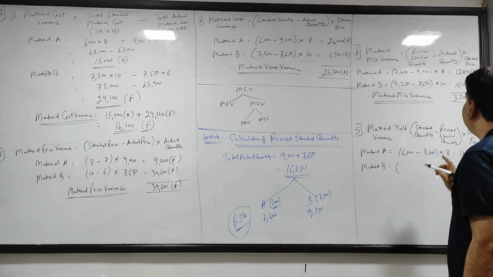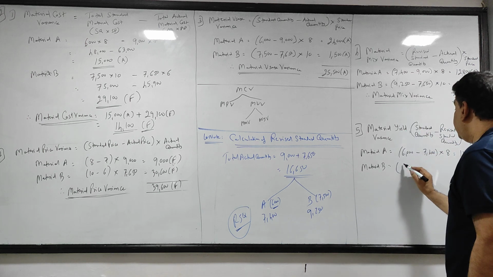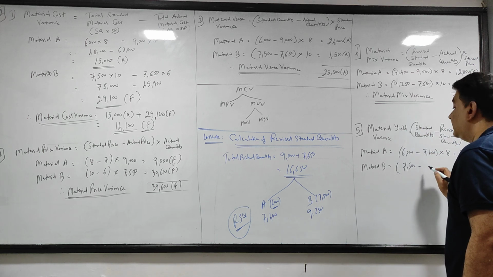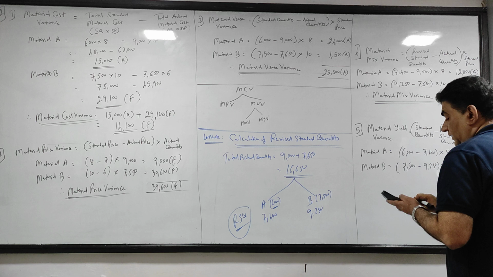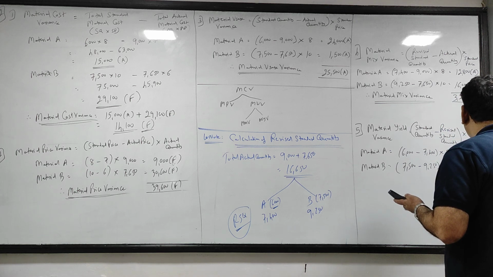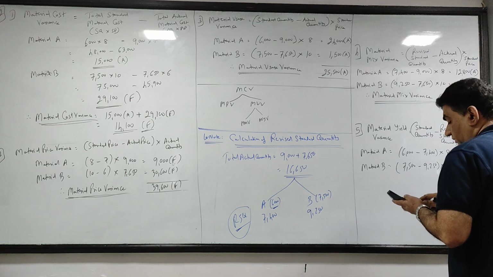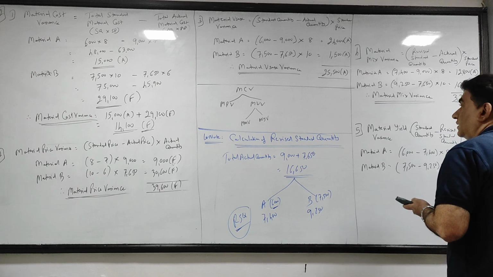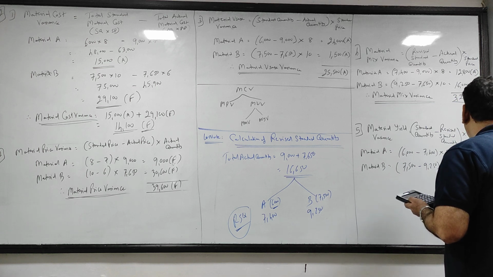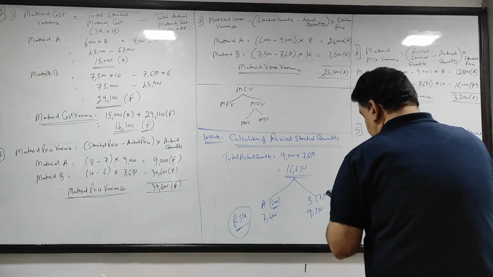B standard quantity कितना है 7,500 minus revised 9,250 into 10, that gives you 17,500 adverse. दोनों adverse है, so you get 28,700 adverse.